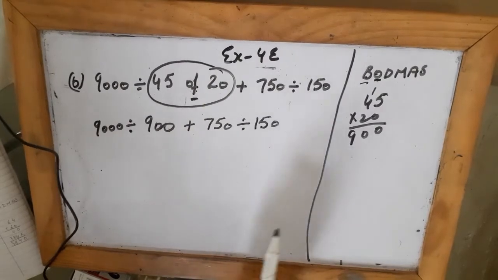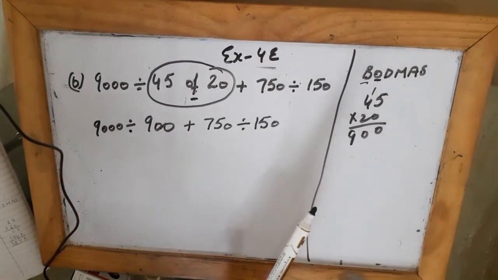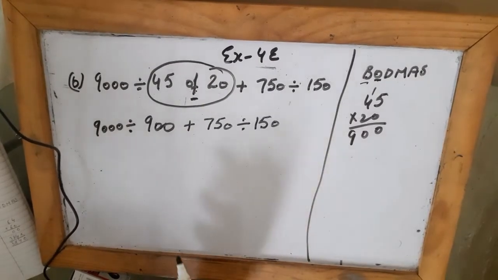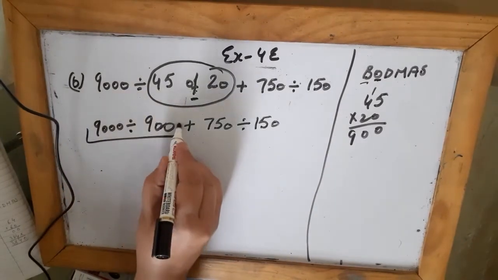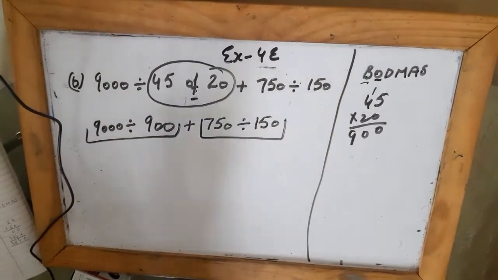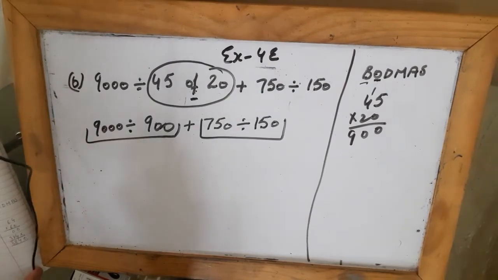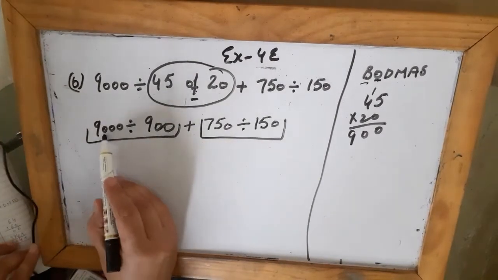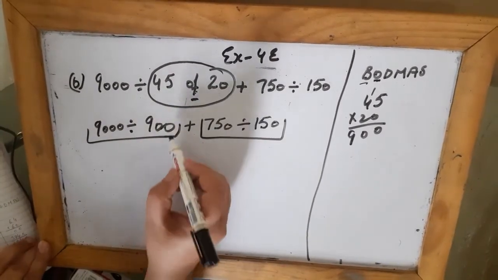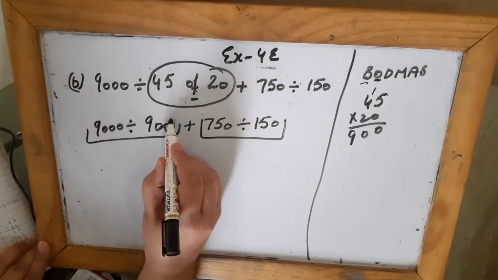Now according to the BODMAS, what I have to solve next is division. So this is division and this is division. When two numbers that are to be divided have zeros at the end, like this has 3 zeros and this has 2 zeros, the zeros get cancelled in division.